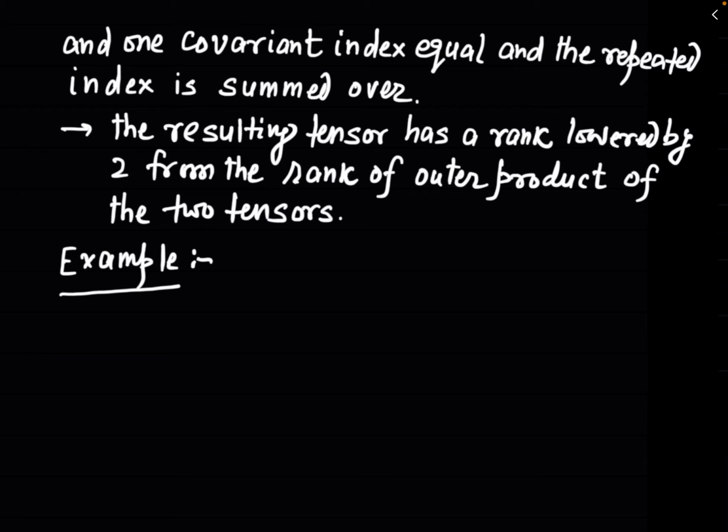So when we take the outer product of two tensors and after that we apply the process of contraction, then the resulting tensor will have a rank lowered by 2 from the rank of the outer product of the given tensors, and that resulting tensor is known as the inner product of the given tensors. So what we have learnt in this rule, we will clarify by taking a proper example.